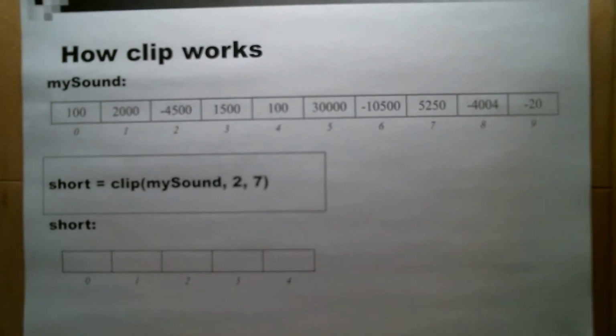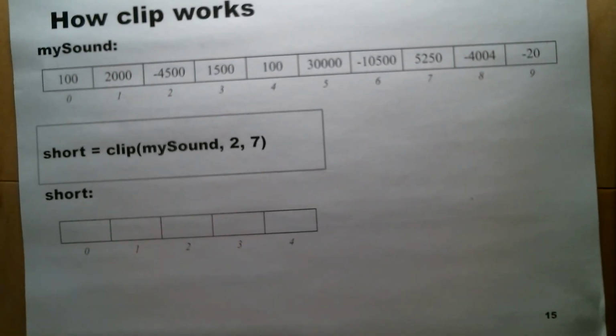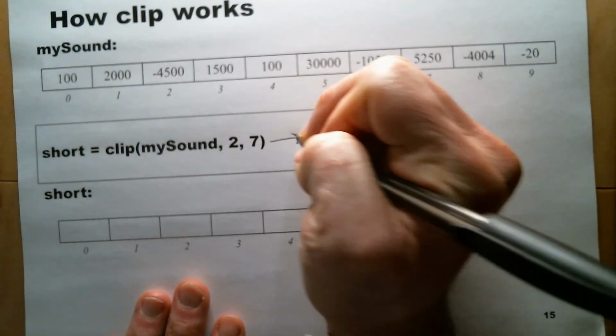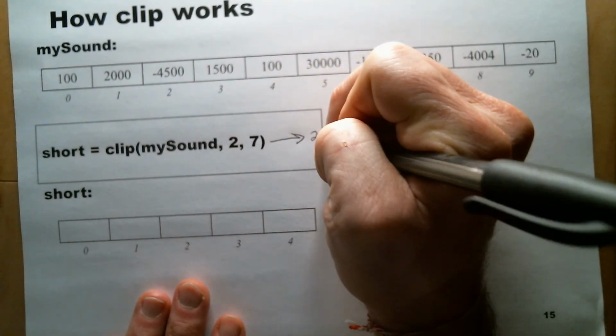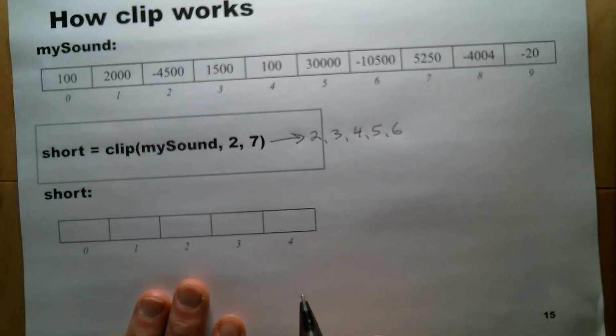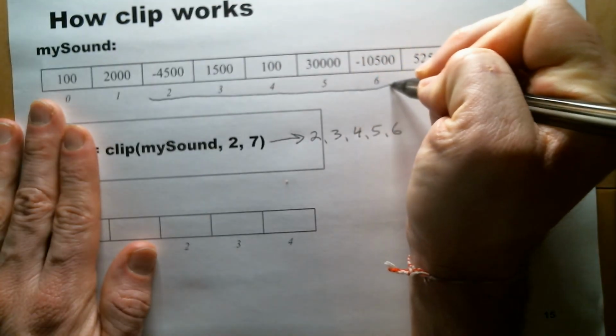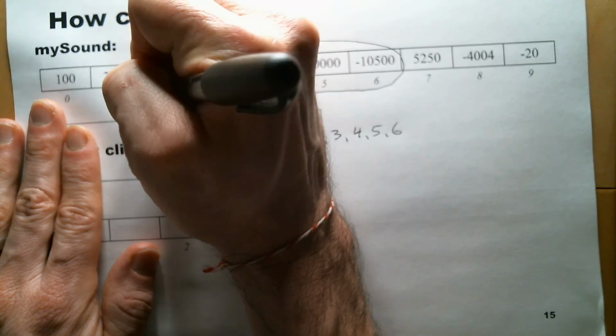All right, so if I were to call clip with my sound and specify 2, 7, what is that actually going to get us? Well, the first thing to remember is that 2, 7 is really only giving us 2, 3, 4, 5, and 6, which means it's basically clipping this part of the sound right here.